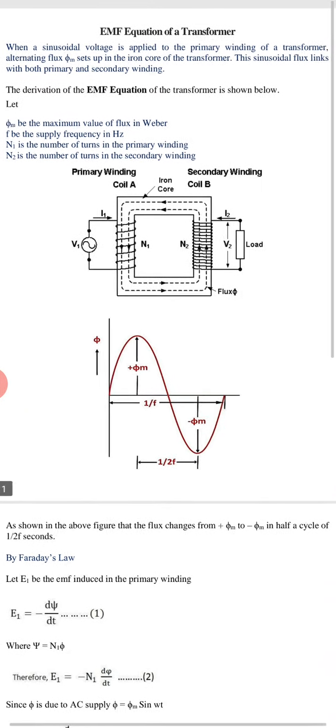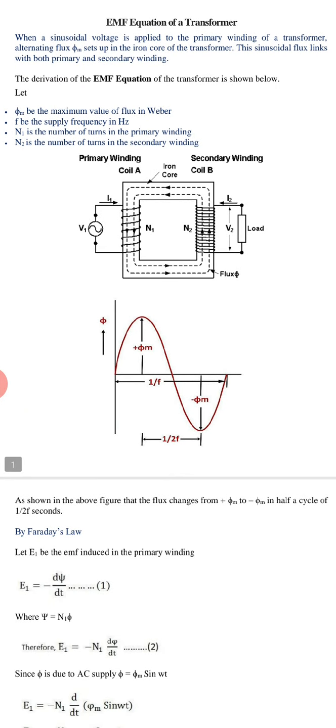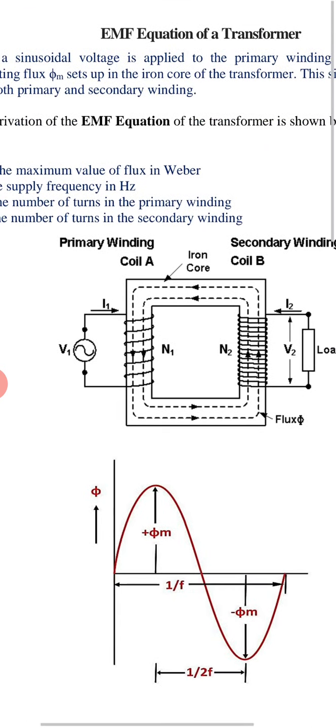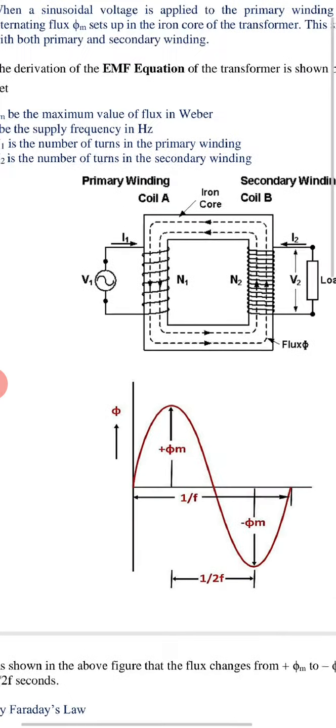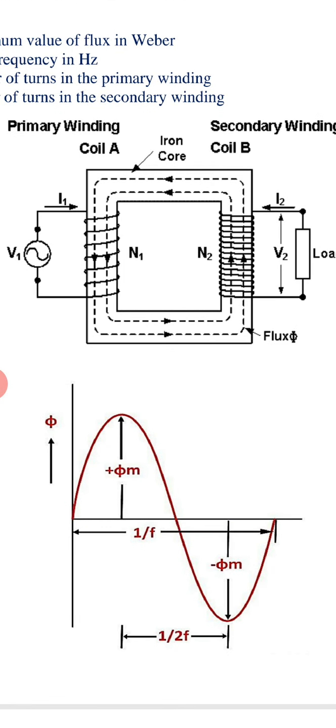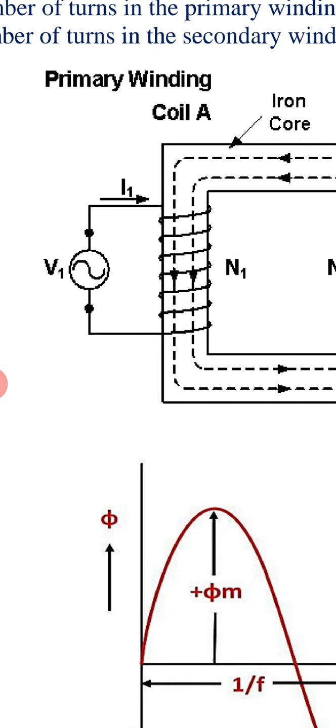So what happens when a sinusoidal voltage is applied to the primary winding of a transformer? Alternating flux is set up in the iron core of the transformer. This sine flux links with both the windings. So look at the circuit here. Here we can see two electric and one magnetic circuit. The first is the primary circuit, having N1 number of turns.